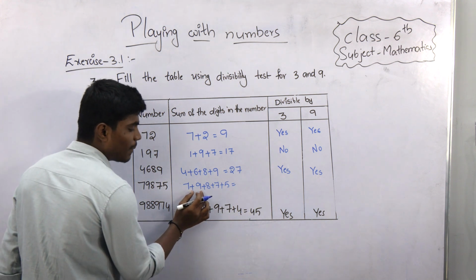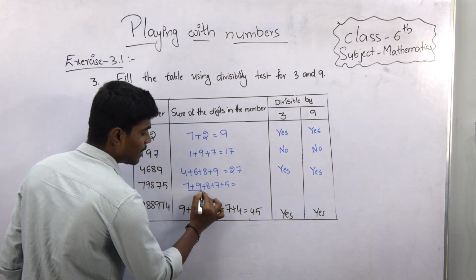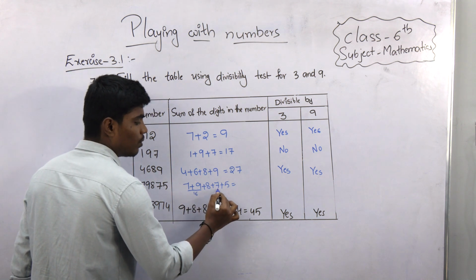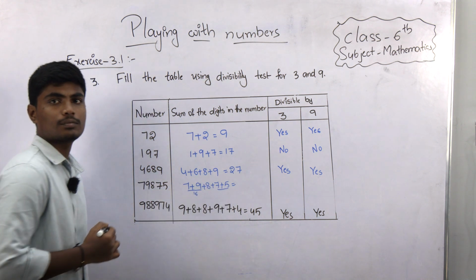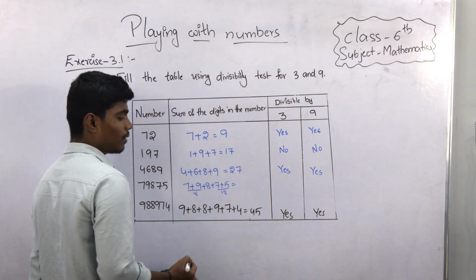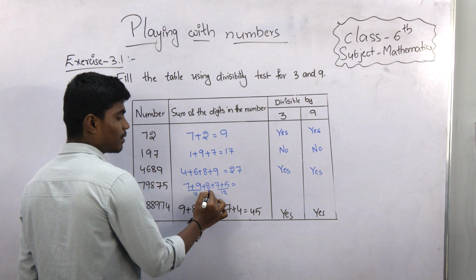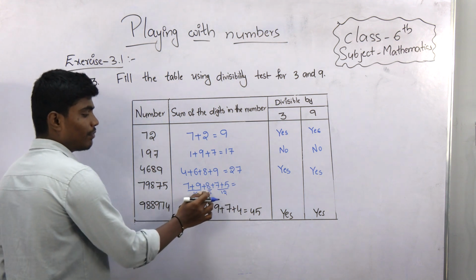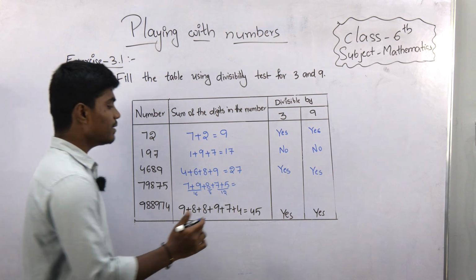See, 7 plus 9 is 16. Now 7 plus 5 is 12. 12 plus here 8. 12 plus 8 is 20. 20 plus 16 is 36.